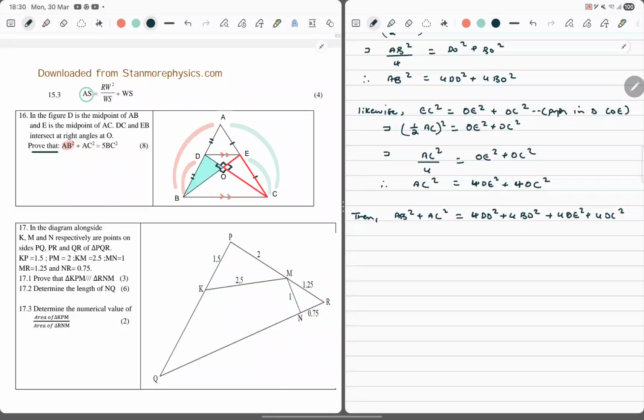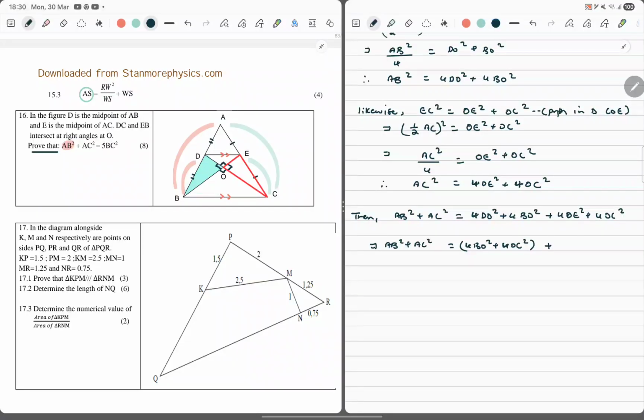Okay, so we need to group things. So this implies that AB squared plus AC squared equals. Now let's take BO. We know that 4 times BO squared plus 4 times OC squared, we're grouping these, is going to be added to.